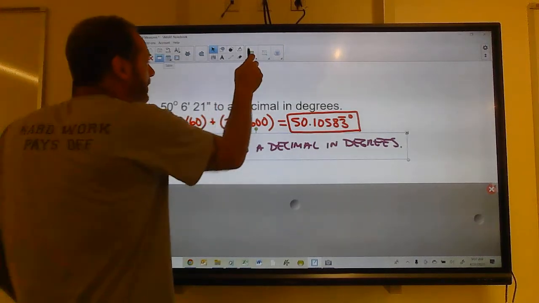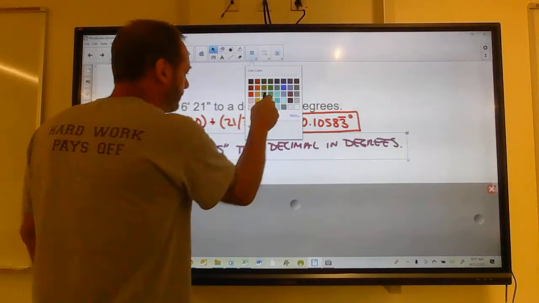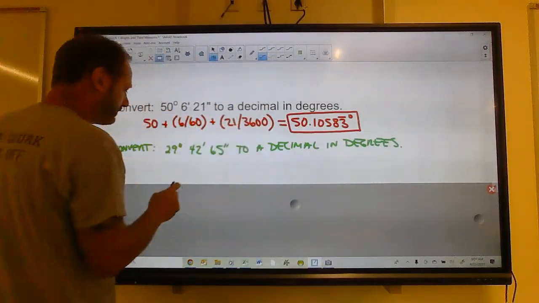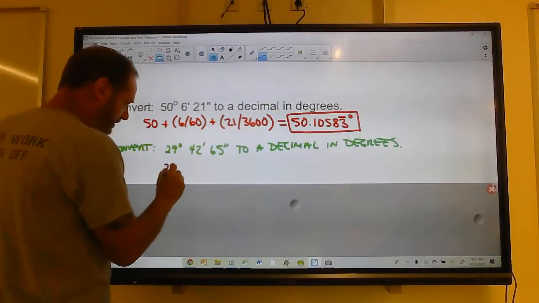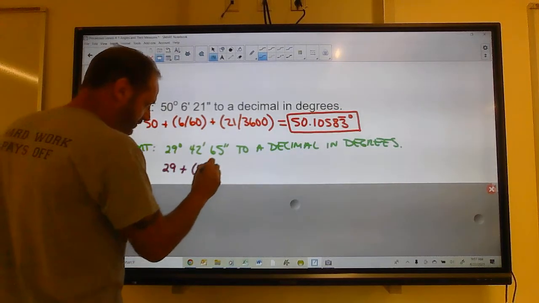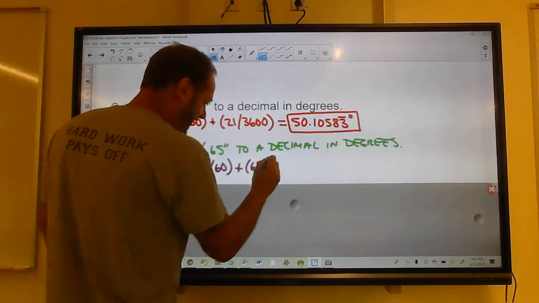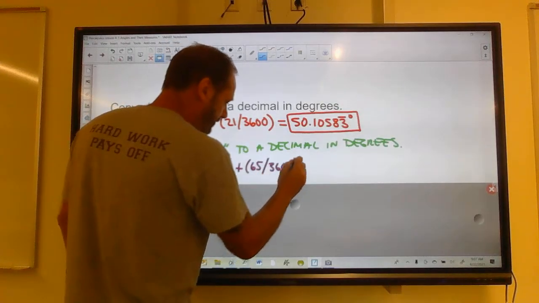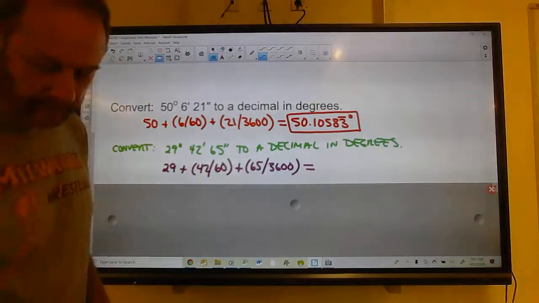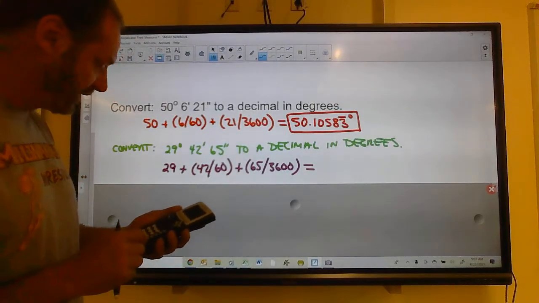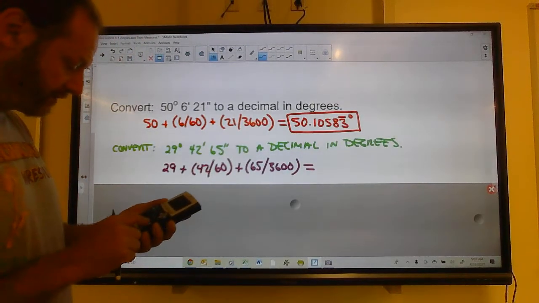Okay, so here we go. This is going to be 29 plus 42 out of 60 plus 65 out of 3,600, which I'm going to do in my calculator so I make sure I don't make any careless arithmetic errors.